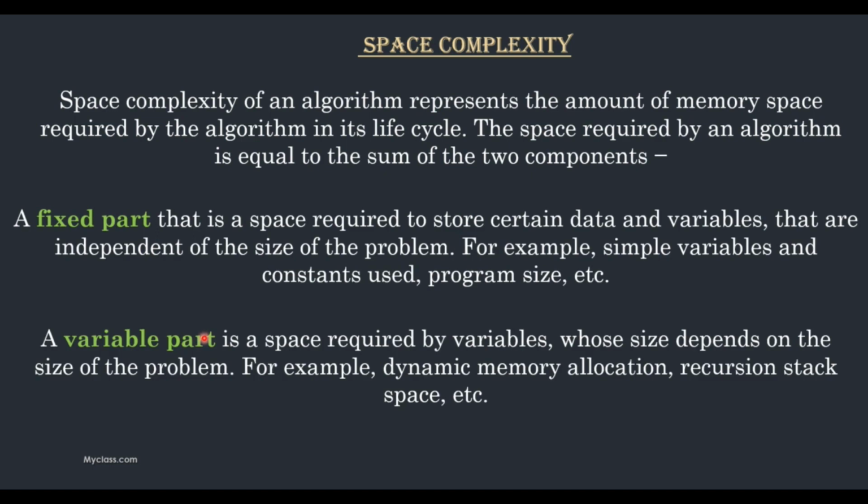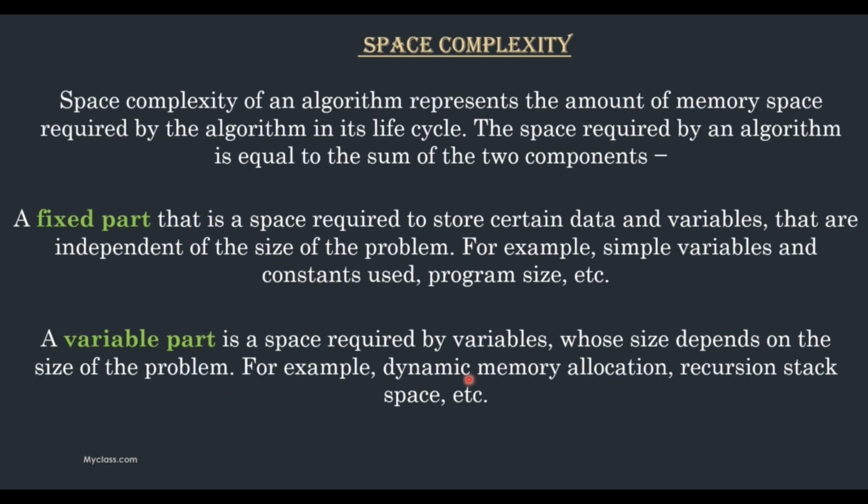The fixed part is to store certain data, variables and constants that are independent of the size of the problem. For example, simple variables and constants used, and also the program size. There is a small memory used to store the program itself, and also simple variables and constants. That means here we are using only a fixed part of memory space.